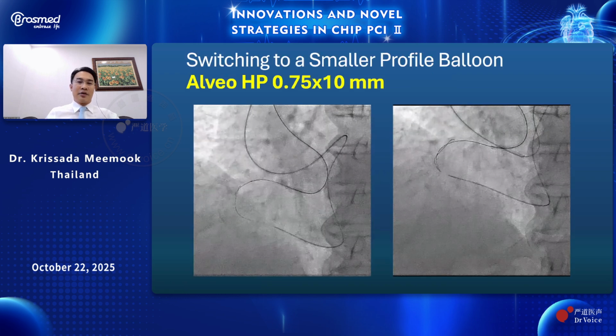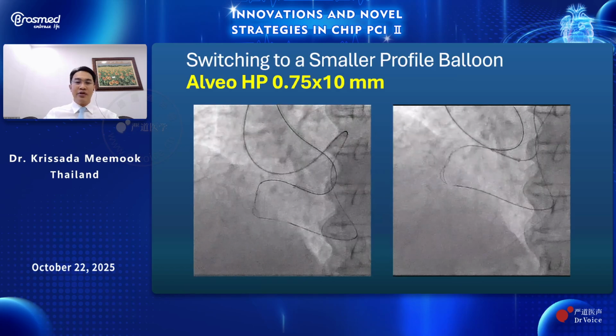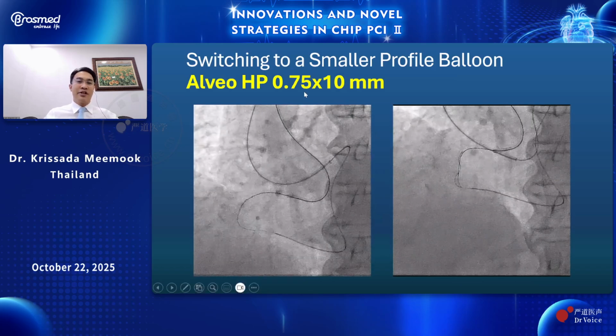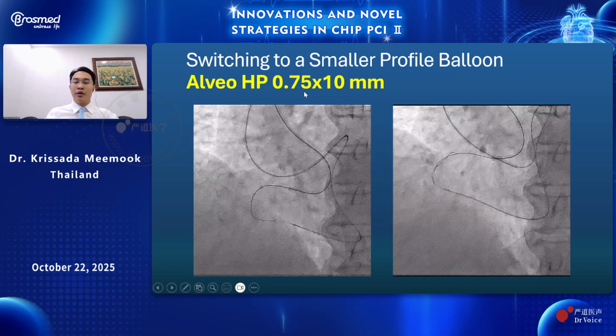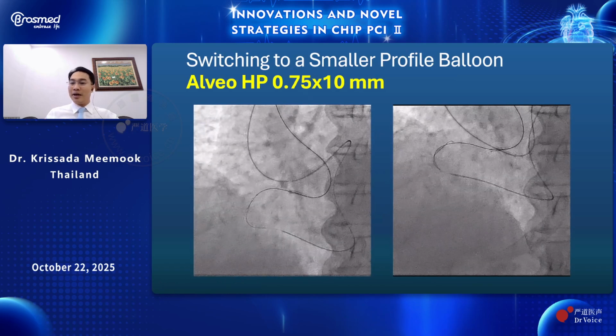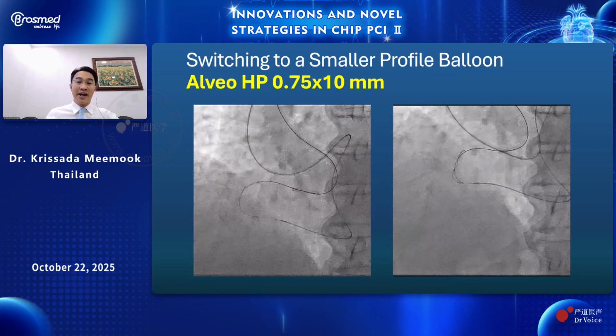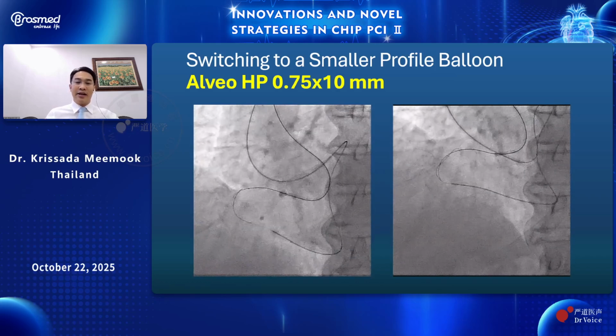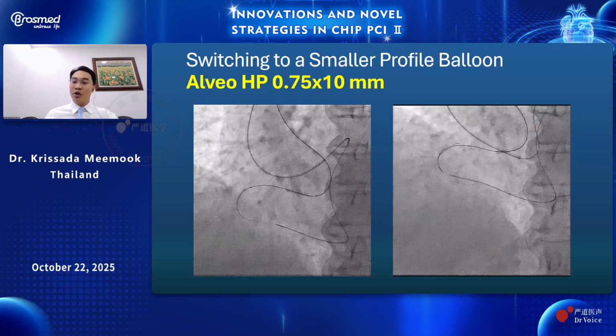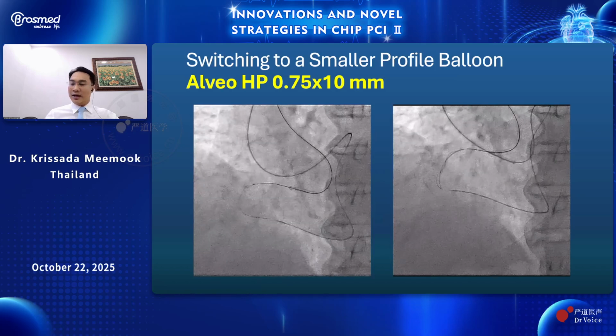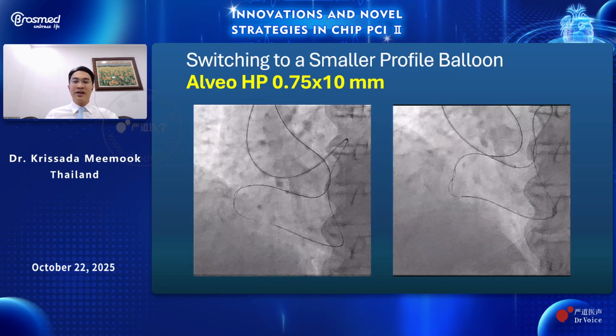But in this case, we just changed. We didn't use guide extension, but we changed to the Ryujin high pressure balloon that we heard about from the first speaker, which is a very low profile and very high pressure balloon. I think this is very suitable for CTO PCI, like in this case, a balloon uncrossable lesion.